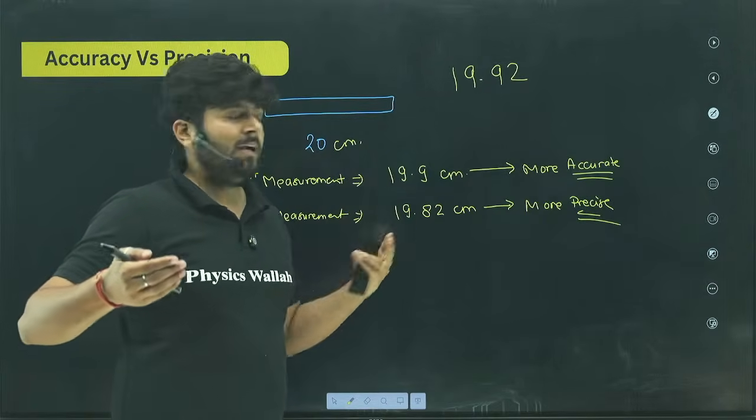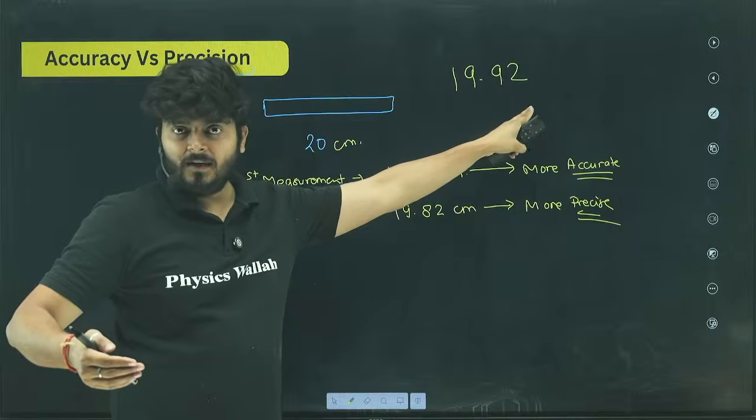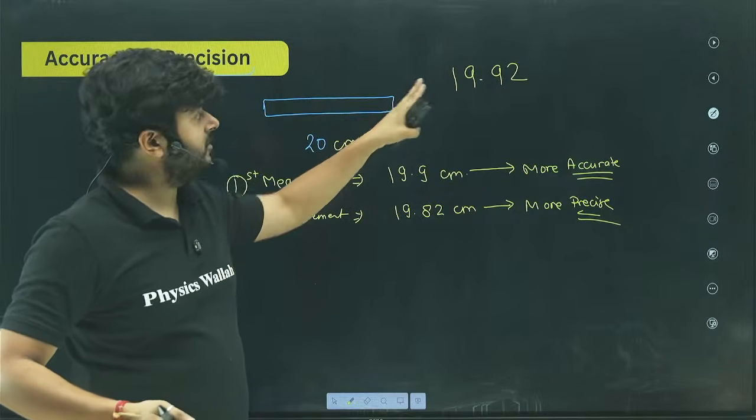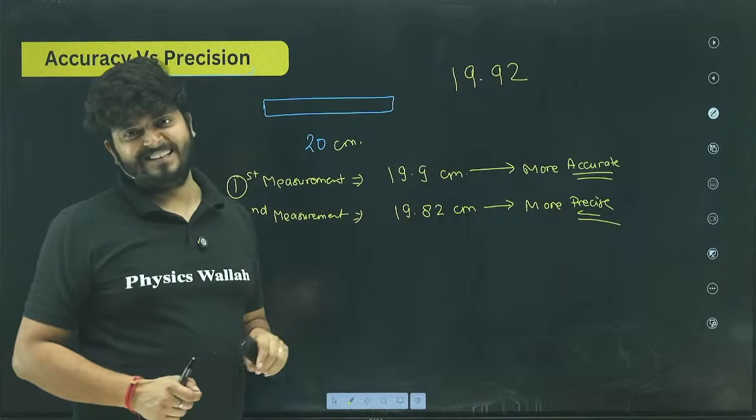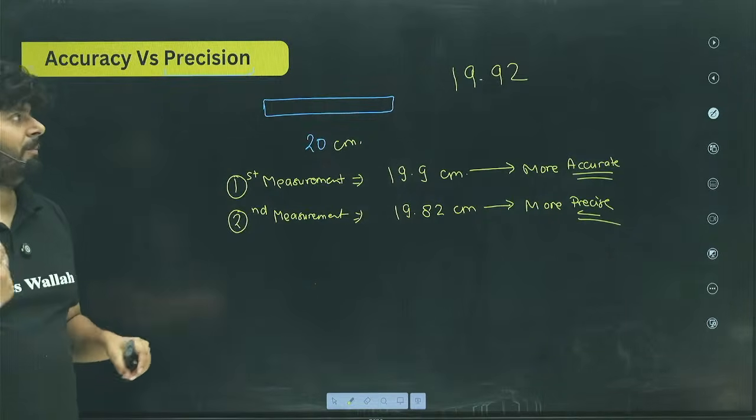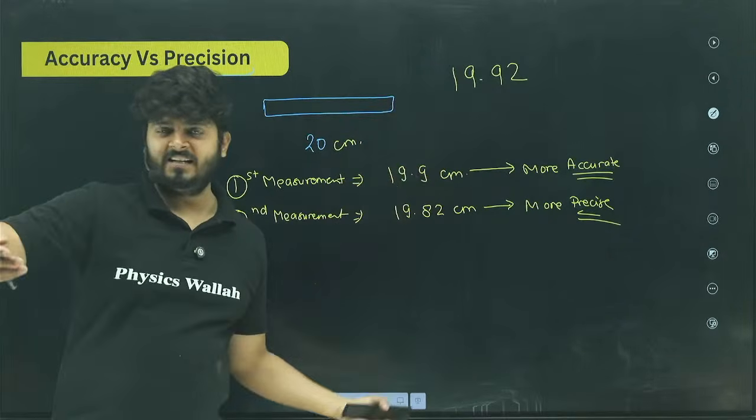So we have an instrument which can measure to a second decimal point and also closer to the true value. So this is more accurate and precise than all these measurements, right? So this is the best case scenario. Our measurement is more accurate and more precise, right?